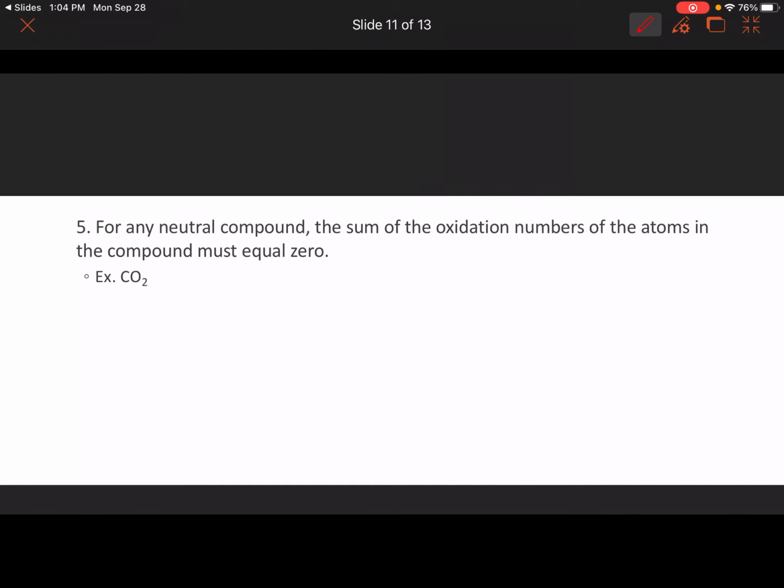Now, for any neutral compound, the sum of the oxidation numbers of the atoms in the compound must equal 0. By sum, we mean if you add the numbers together. So we've got carbon dioxide here. If we look at the oxidation numbers, you don't know what carbon is, but you do know what oxygen is. What was the rule for oxygen? Oxygen is always going to be -2.